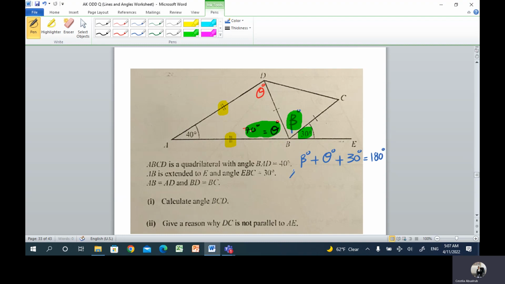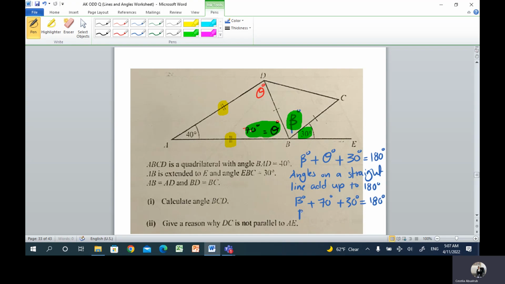degrees. Angles on a straight line add up to 180 degrees. Now, we found theta as 70, so beta is my unknown, plus 70 plus 30 is equal to 180 degrees.